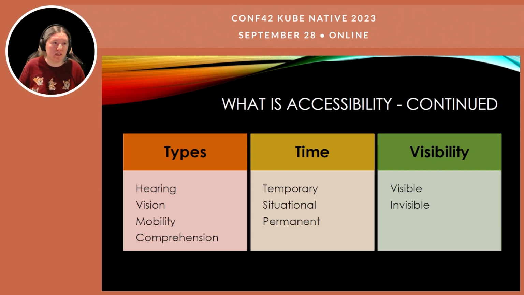And that kind of is a thing across all of these, is you can see a lot of overlap. You can see things that kind of vary back and forth between whether or not they're visible, invisible, or what types of disabilities in terms of like hearing, vision, mobility, comprehension are impacted. And also, especially because a lot of disabilities, they'll have comorbid or other conditions that tend to happen with them.